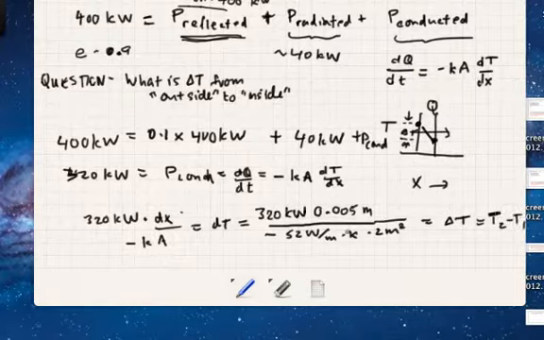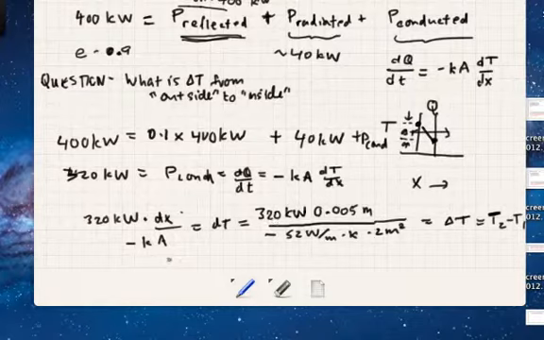Now notice we're going to get a negative number, indicating that this is a lower temperature than this, and that's what we're expecting. Well, okay, 320 divided by 50 is, I'm going to call that 6.